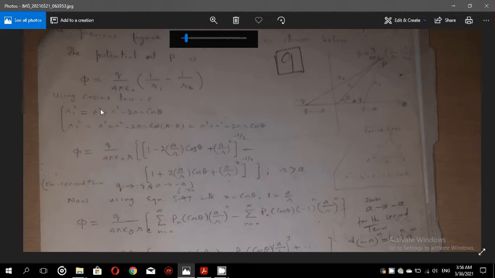Well, this is in fact not page number 9. Let me find out the problem.